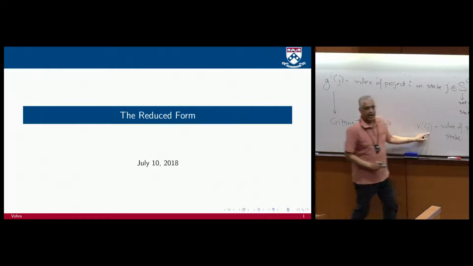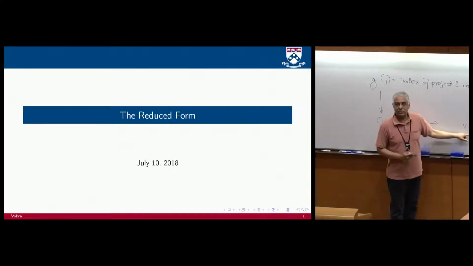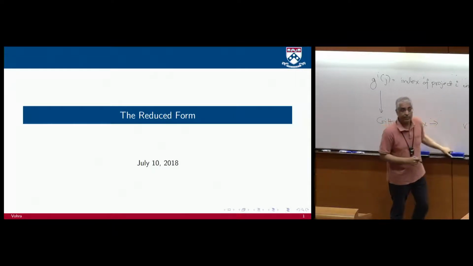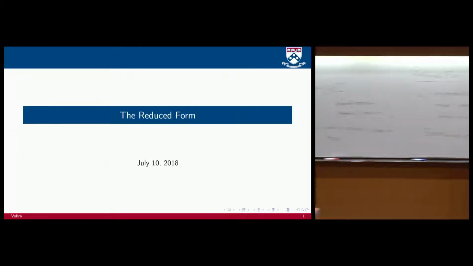So V_i(j) is the value of project i when it's in state j, the reward from engaging project i when it is in state j. And then what would your optimization problem be?